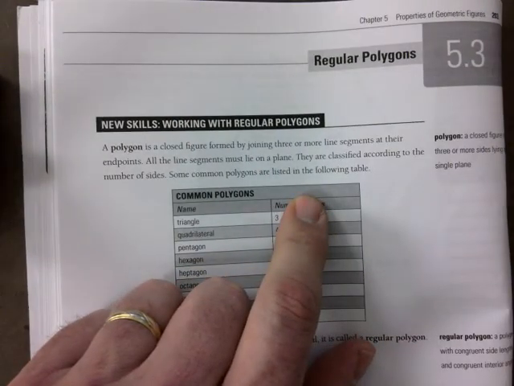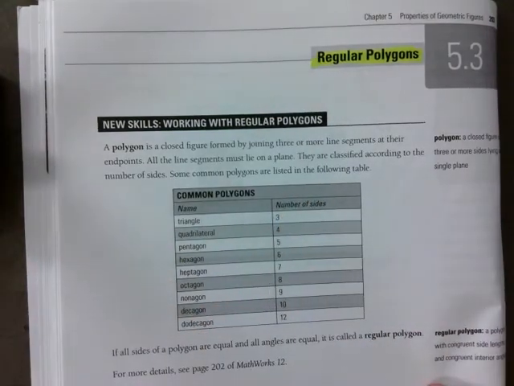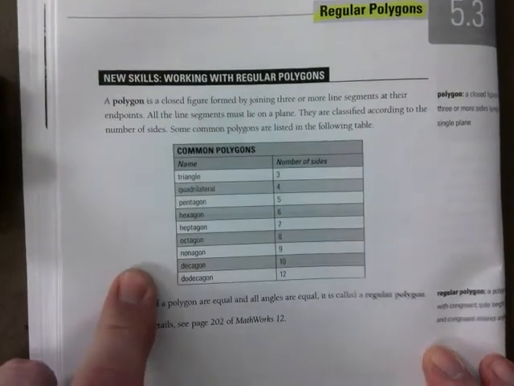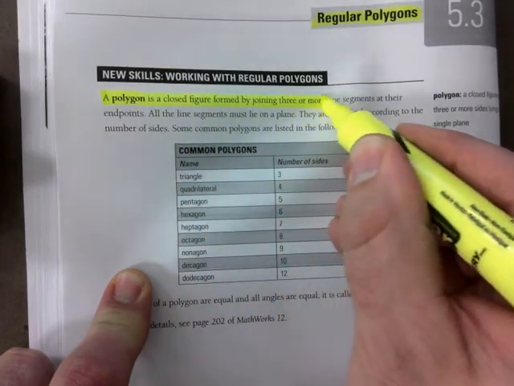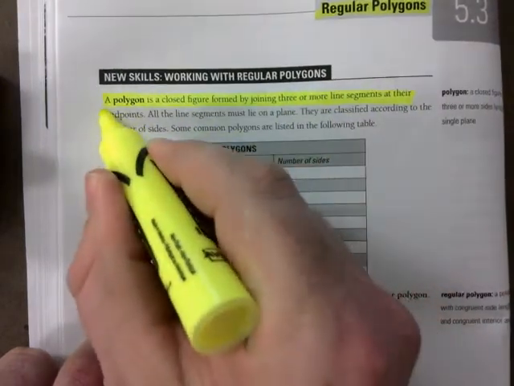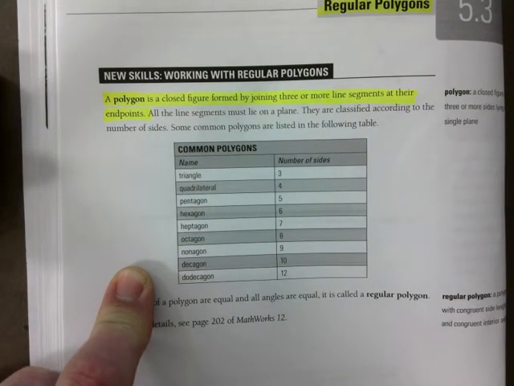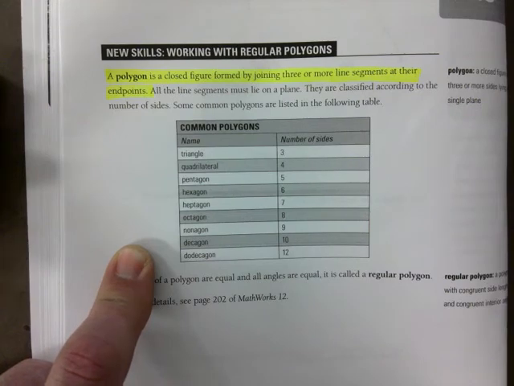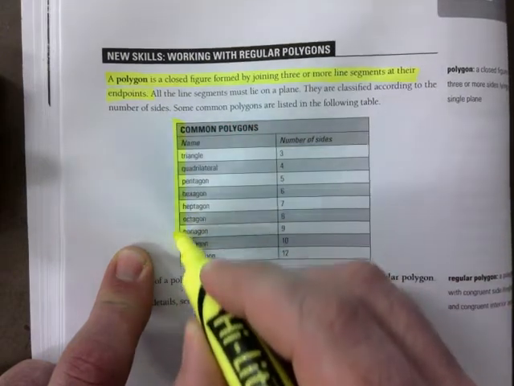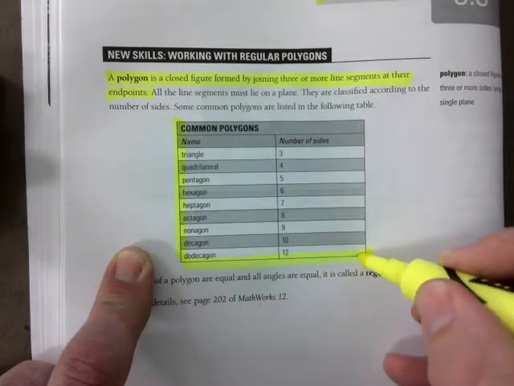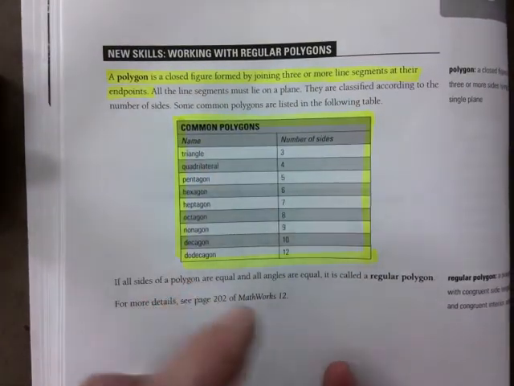So we're going to talk about regular polygons, all right? This is the definition of a polygon. It's a closed figure formed by joining 3 or more segments and connecting them at their ends, basically, right? Not a surprise. These are the names and the number of sides that go with them. Now, I'm not going to say use your study sheet and fill in all of this.